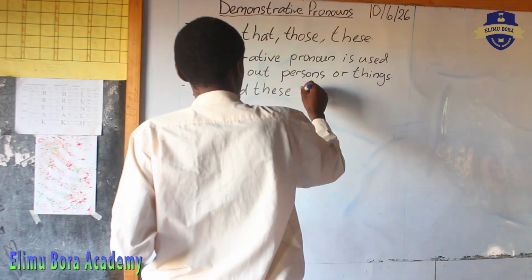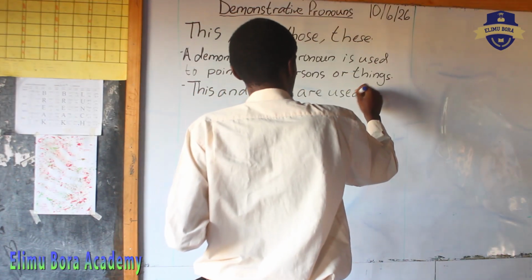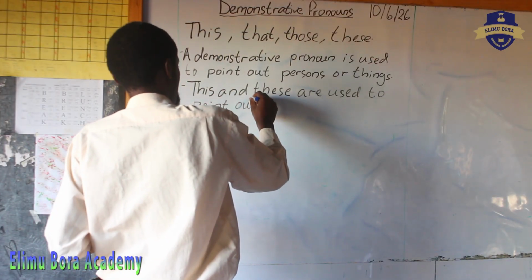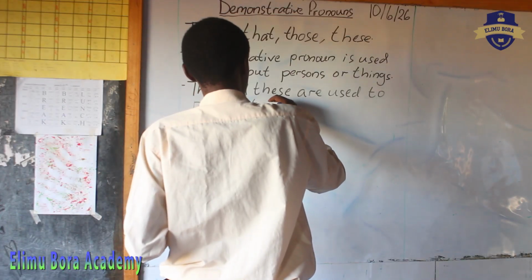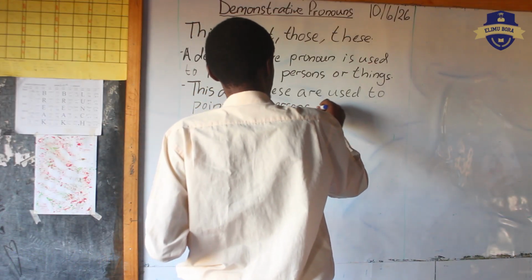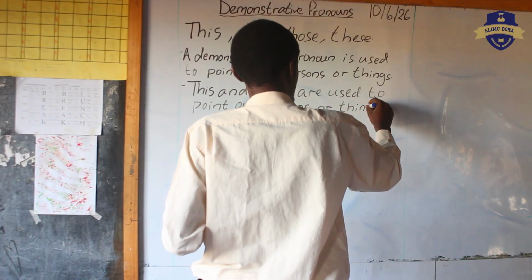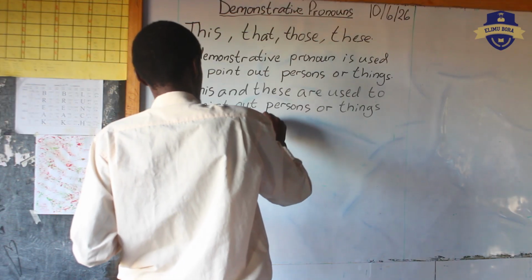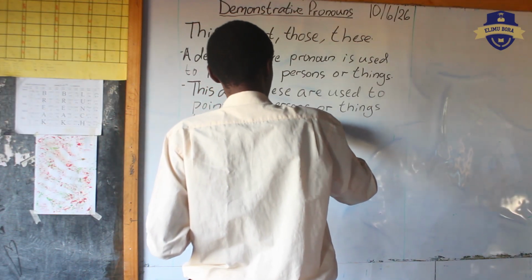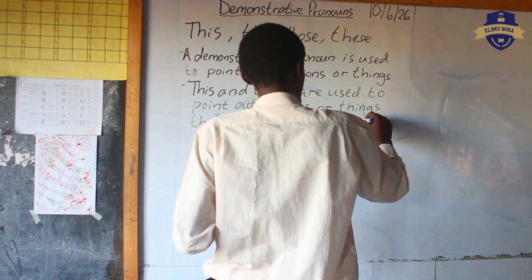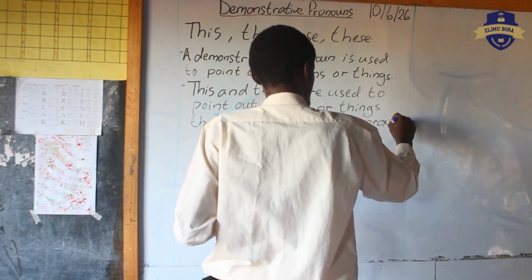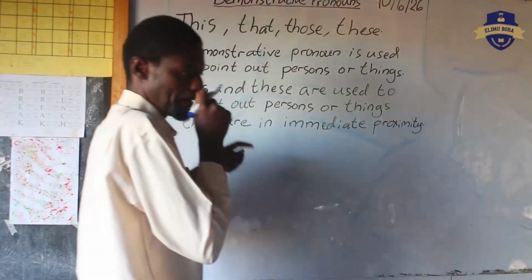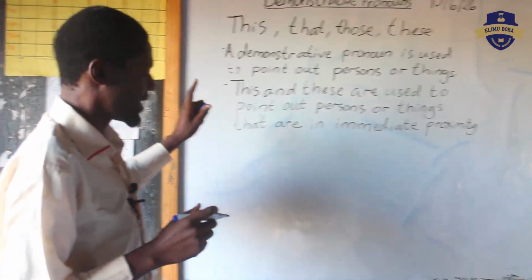Point number two. This and these are used to point out persons or things that are in immediate proximity. Immediate proximity generally implies they are near.